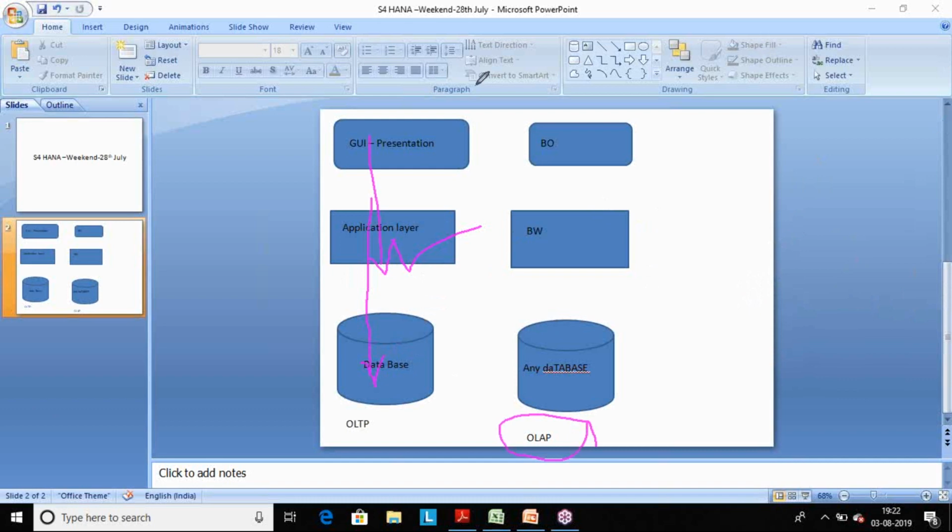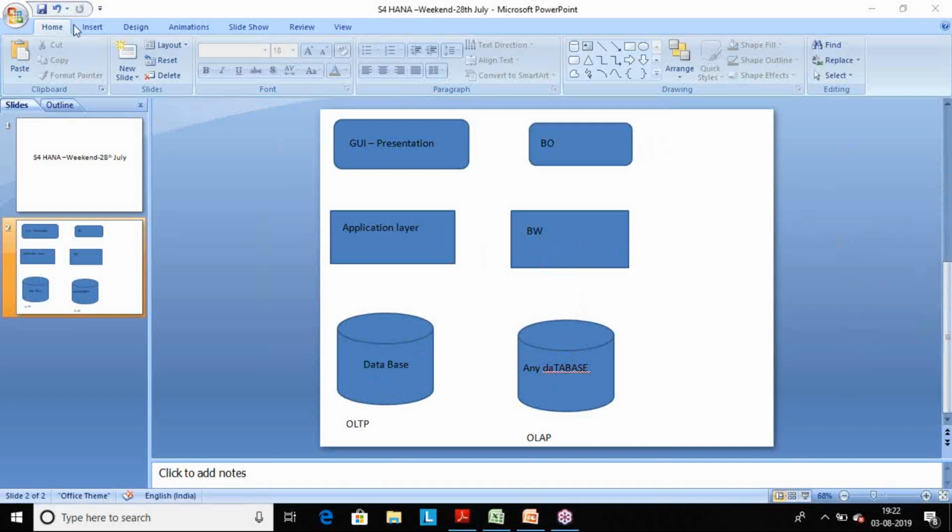So now all your source data or documents are available in the source system, that is your OLTP system. Anyhow, we need to bring the data from this database to this database. Then only we can do the analysis or the reporting. This process is known as your ETL process.